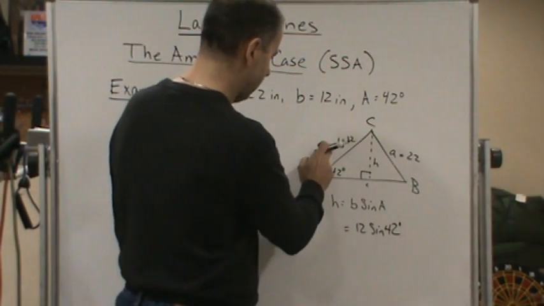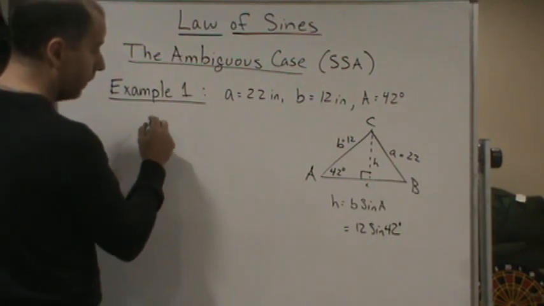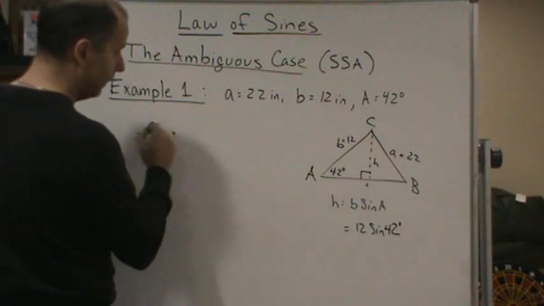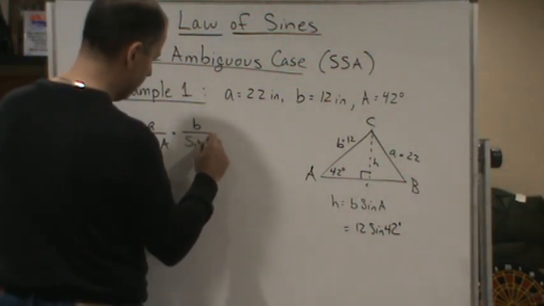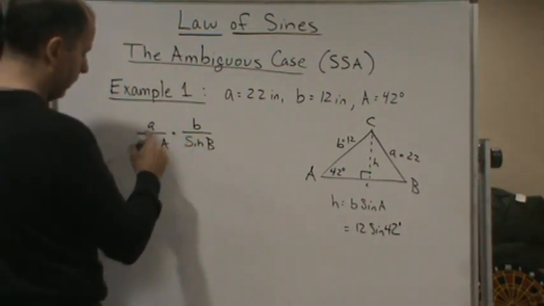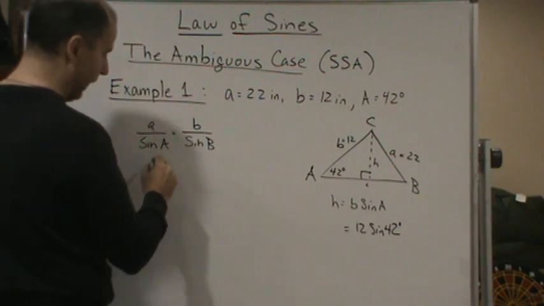We've got a over sine A is equal to b over sine B. Okay? So now in this case, we know lowercase a and lowercase b, and we know this angle A.